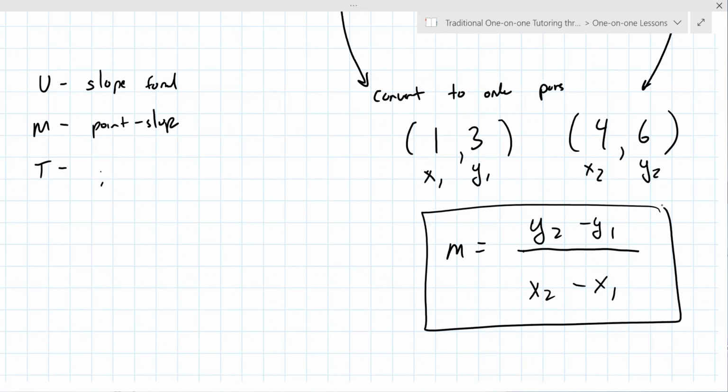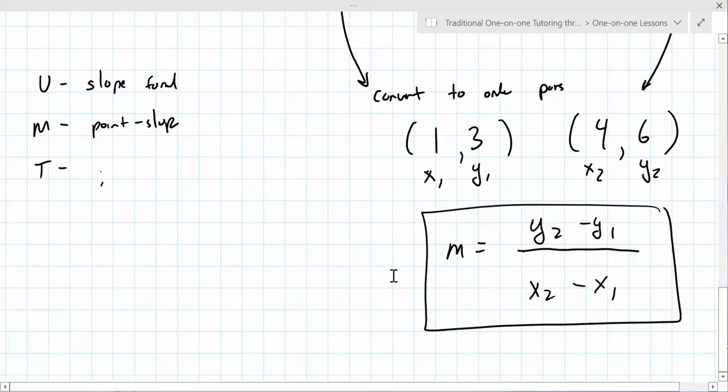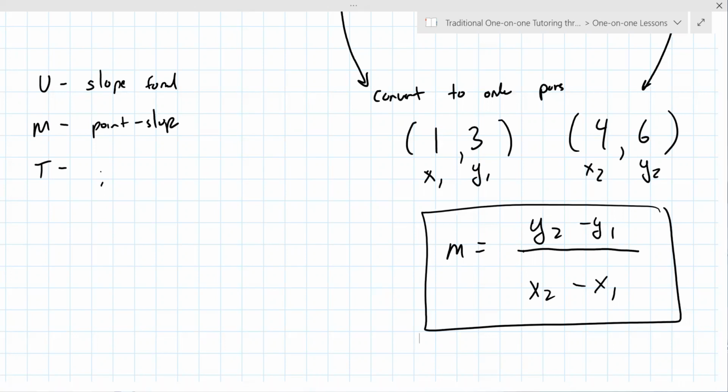So which is y2? Are you seeing my screen? Yeah. Which number has y2 below? 6. Okay. And then what is y1? 3. Okay. So it's 6 minus 3 on top. And then what is x2 on the bottom? 4.